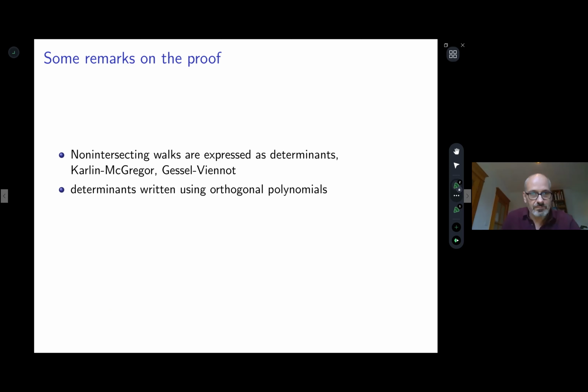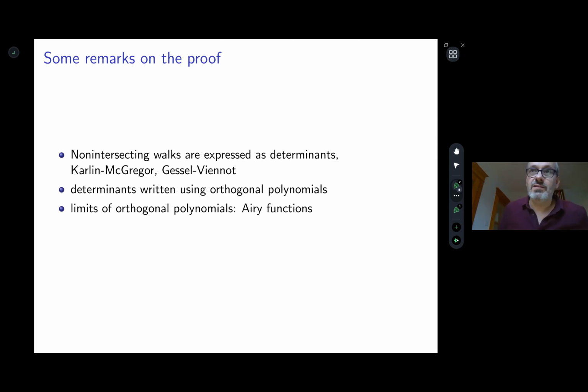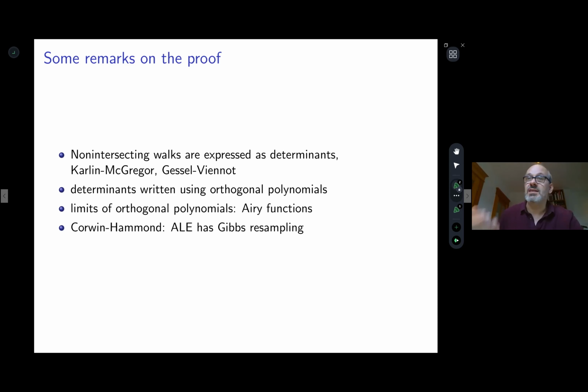So there is quite a bit of non-intersecting walks and determinants to understand this Airy line ensemble. Determinants are related to orthogonal polynomials. Limits of orthogonal polynomials on the edge are written in terms of Airy functions. That's very classical stuff, and that's why it's called the Airy line ensemble: it's expressed in terms of determinants involving Airy functions.